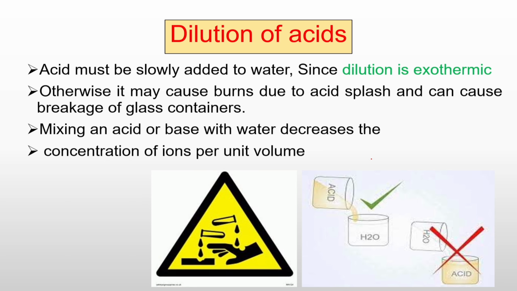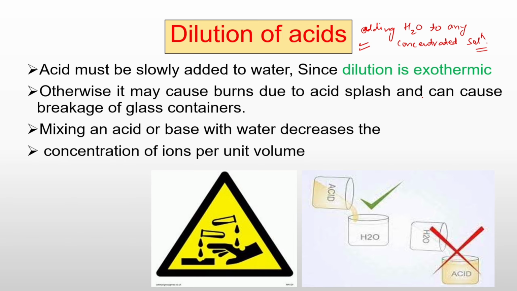Okay, this part is very important. Even students of higher grades, 11th and 12th, don't know this. When any acid undergoes dilution, so what is dilution? Dilution is the process of adding solvent, generally I would say adding water, H2O, to any concentrated solution.